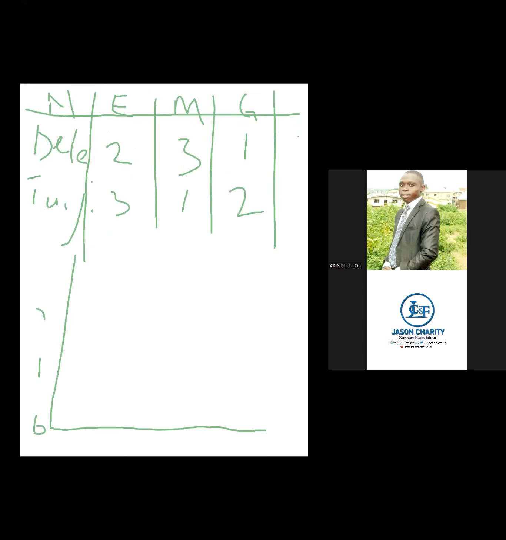But for each student, we have a group of bars. Under the multiple bar chart or group bar chart, each student is going to have a group of bars for himself. Now, this is Dele.